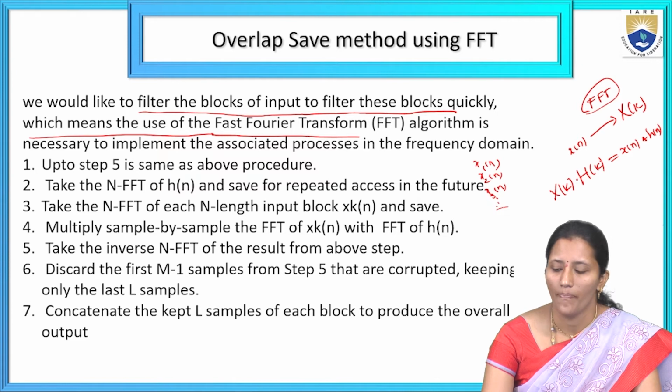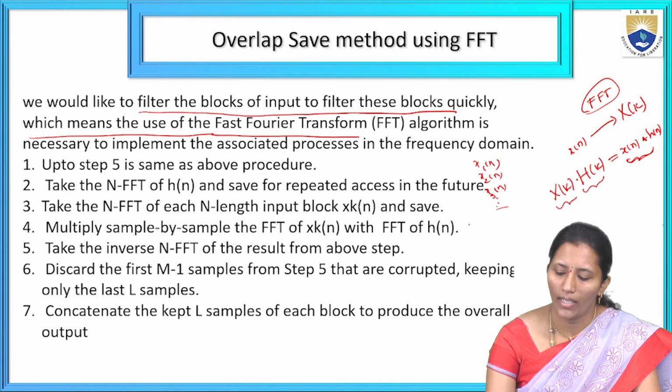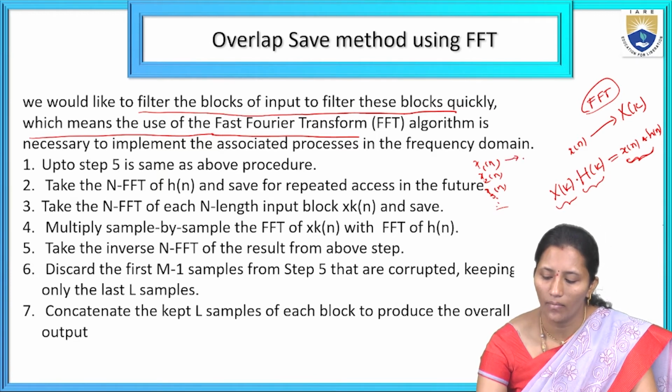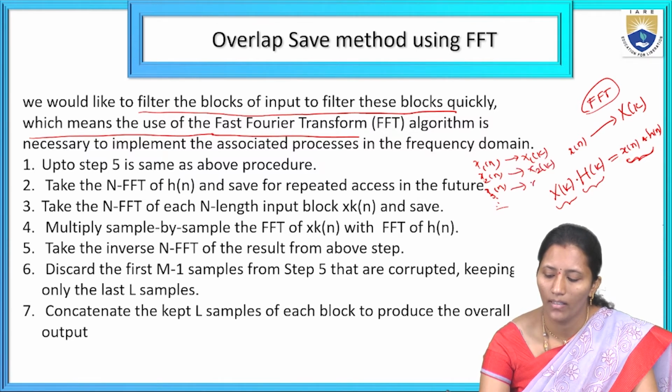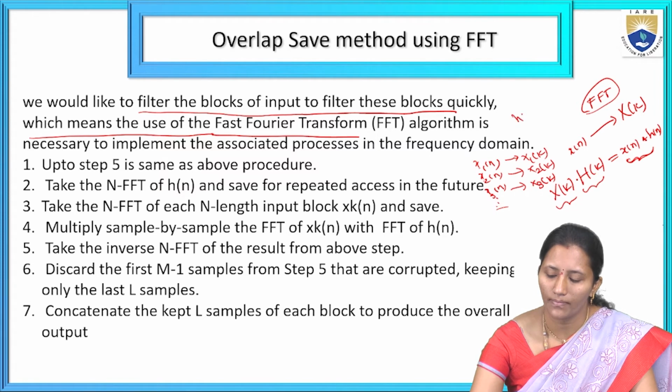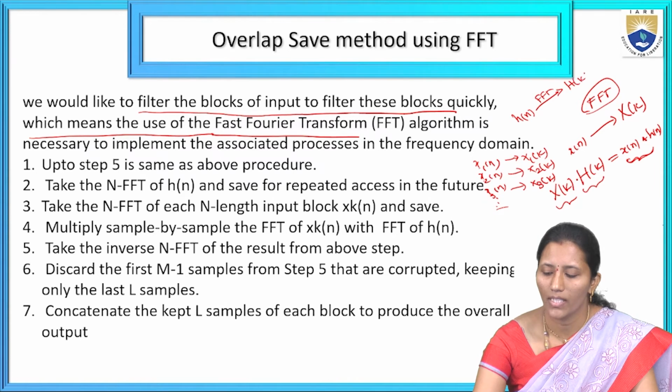Why are we using it? Because the multiplication of frequency domain signals is equal to the convolution of time domain signals. We get the individual segment blocks, and by using the FFT algorithm we convert them into frequency samples: x1 of k, x2 of k, x3 of k, and h of n is converted by the FFT algorithm into the frequency domain signal h of k.